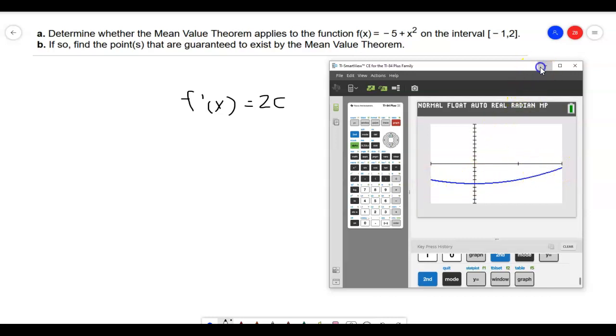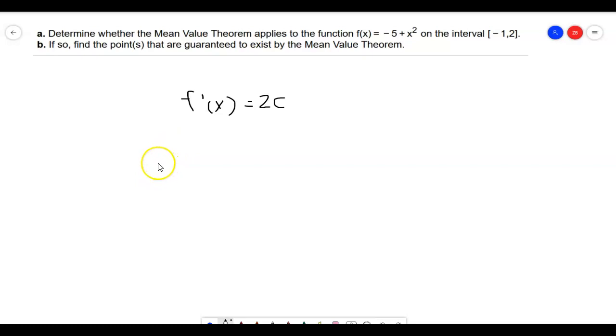So this is how we're going to set it up. f of b minus f of a, all over b minus a, is going to be equal to my 2c. And now I'm solving for c here. That's going to be my critical value.